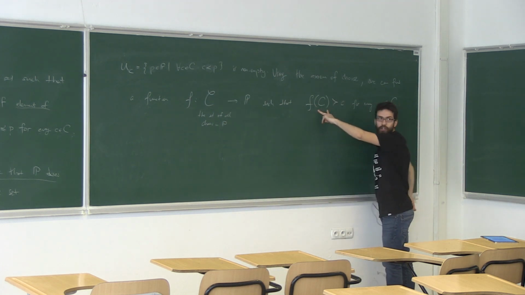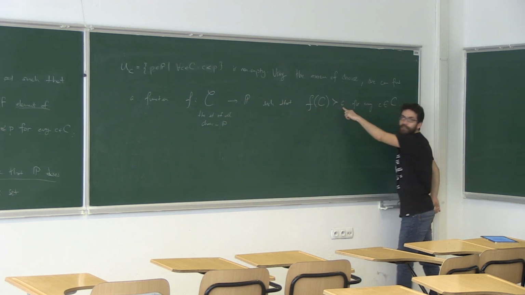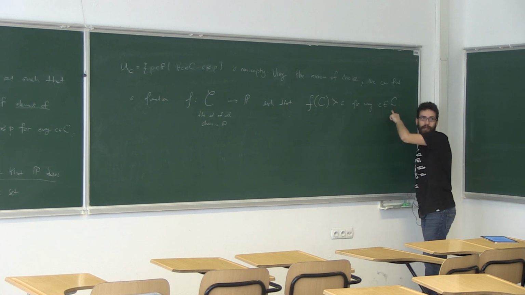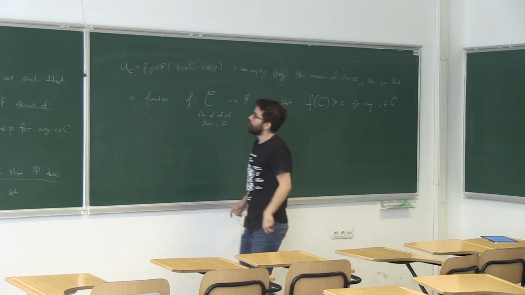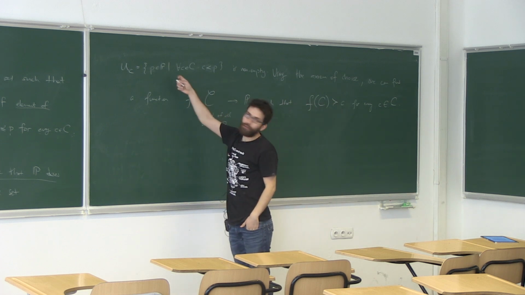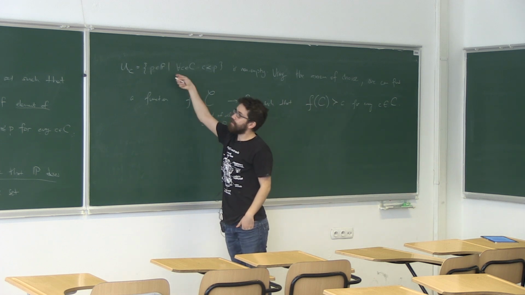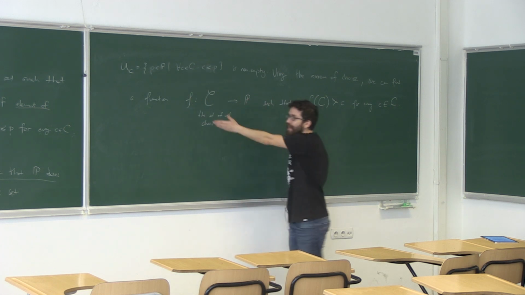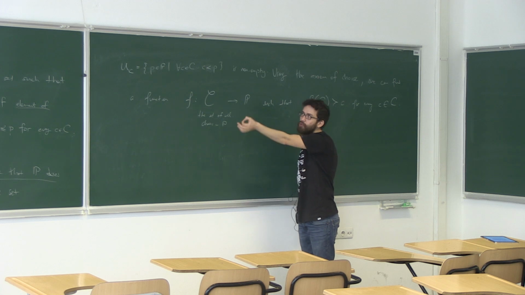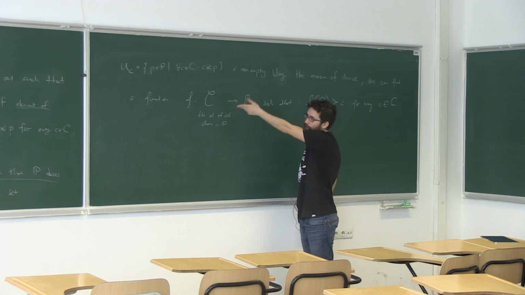So the element it chooses is strictly greater than all the elements of the chain. So axiom of choice is really applied to the collection of all these sets. These sets are non-empty. I choose one element from each of those. I name the function which chooses one element from each of those guys f.